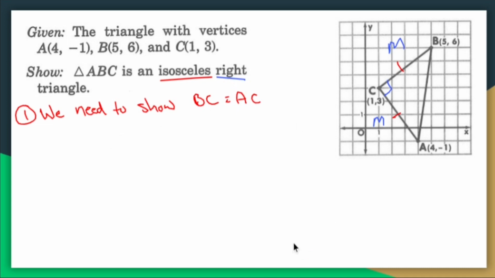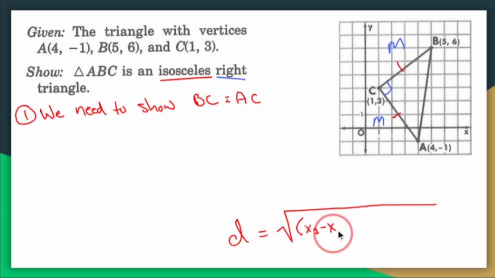Now, this is coordinate geometry. So what we need to do is use the distance formula to find the length of each of these lines. And this is going to be the distance formula: x sub 2 minus x sub 1 squared plus y sub 2 minus y sub 1 squared, all of that in a big square root. So it doesn't matter which one. I'll show BC first.